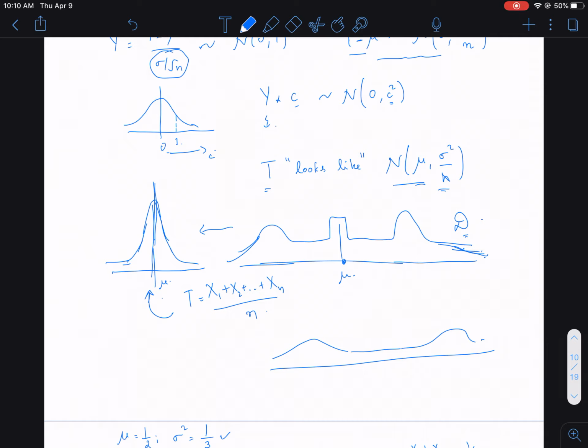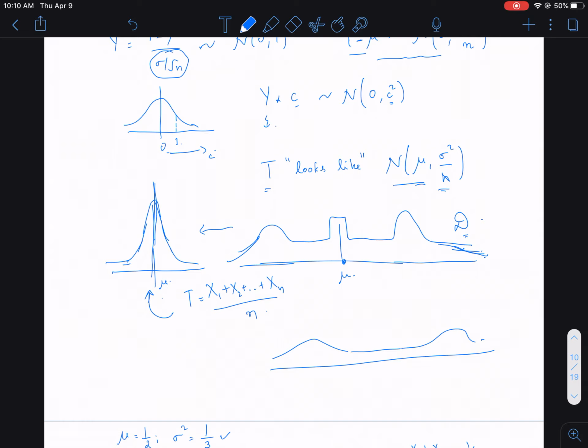Informally, this is one of the reasons why the normal distribution is so important in statistics. If you have random fluctuations of any kind, any distribution, and you average them, then the distribution of the average will be very similar to a normal.